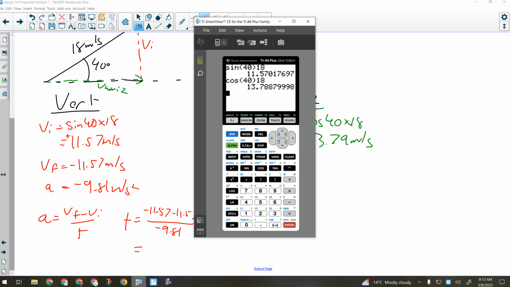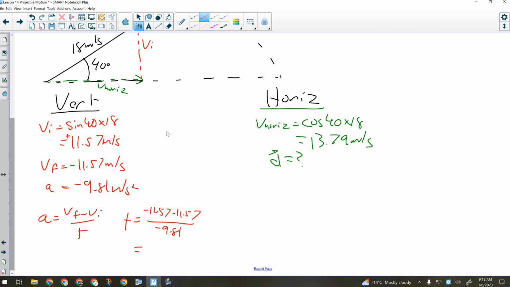All right, so in other words, it's going to be taking this number here and multiplying it by 2 and then dividing by 9.81. Except I did that wrong. Divided by 2. Divided by 9.81, sorry. Okay, so 2.36 seconds is our time.